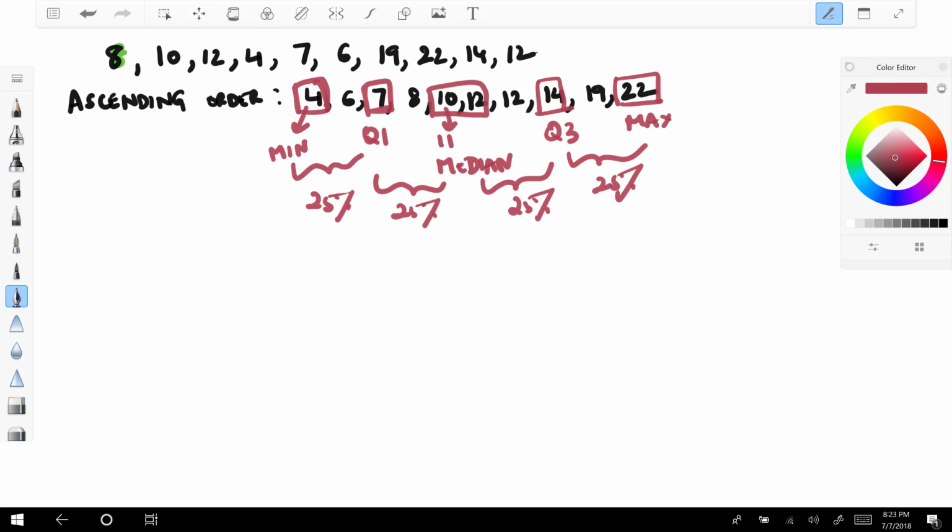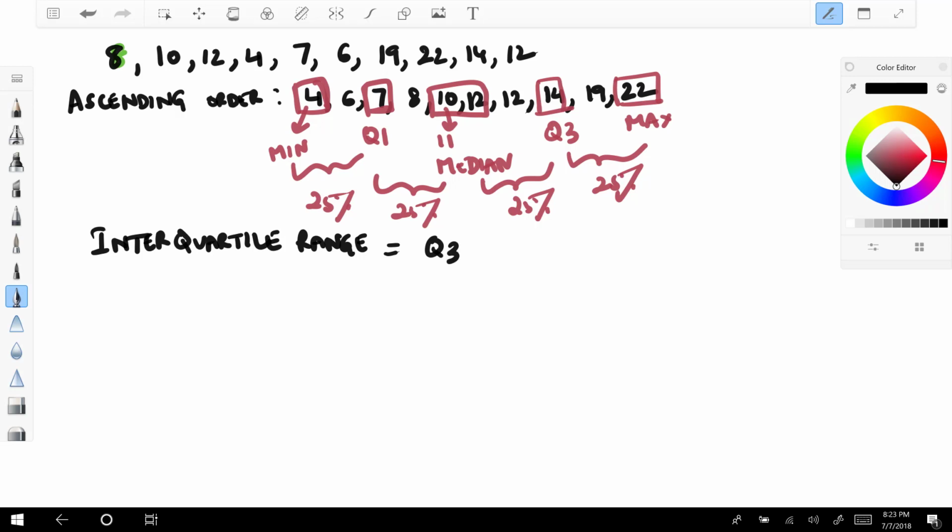So the next concept is interquartile range. So they are asking us what is the range between the two quartiles. So this is given by Q3 minus Q1.